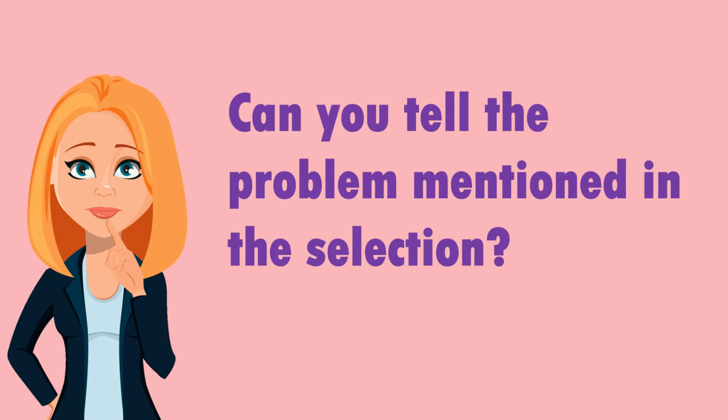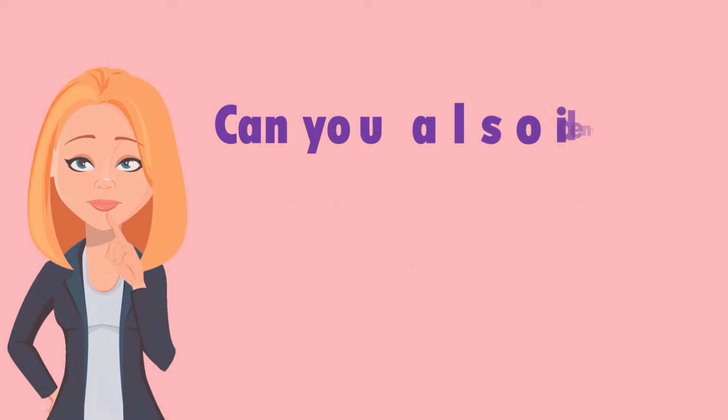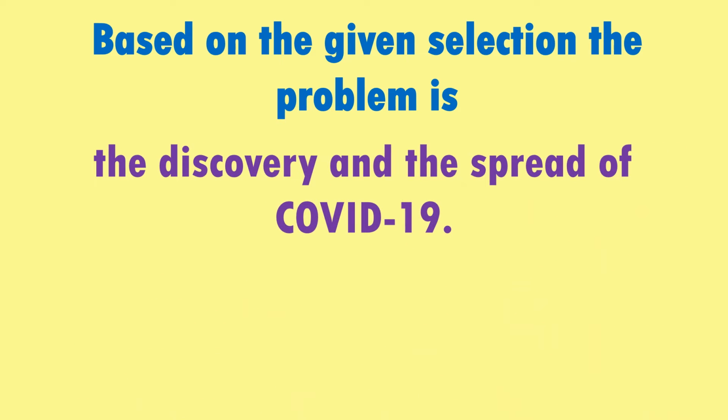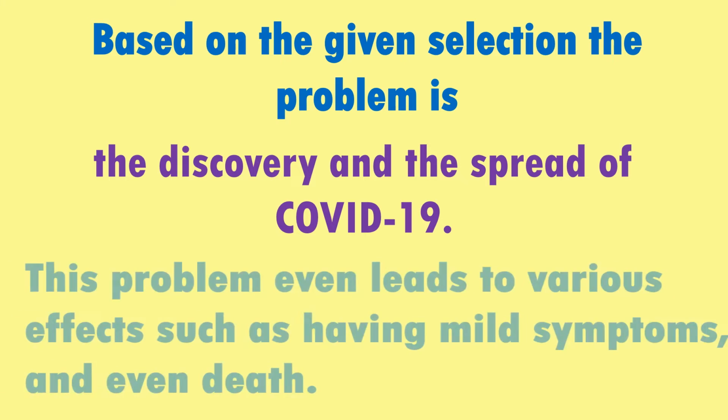Can you tell the problem mentioned in the selection? Can you also identify the possible solution to the problem? Based on the given selection, the problem is the discovery and the spread of COVID-19.